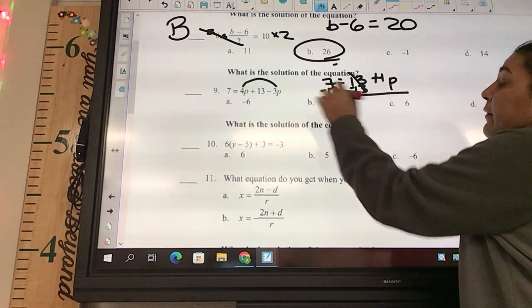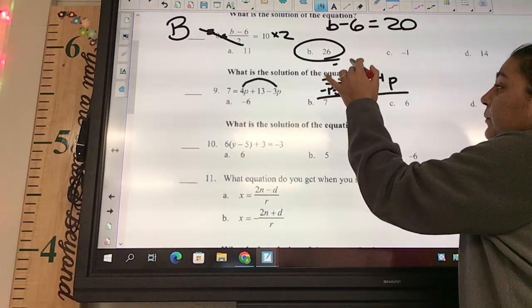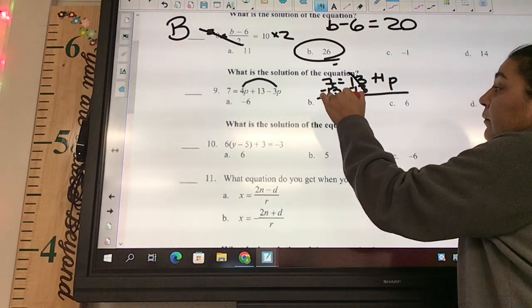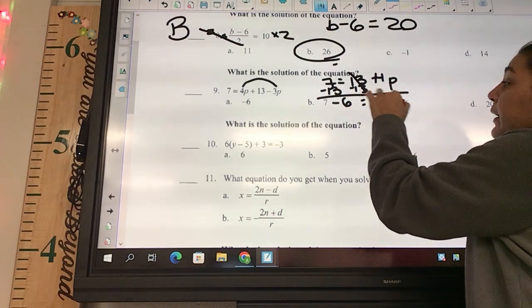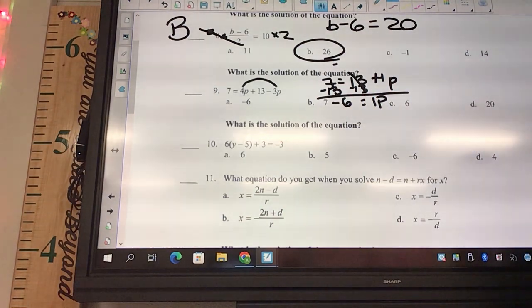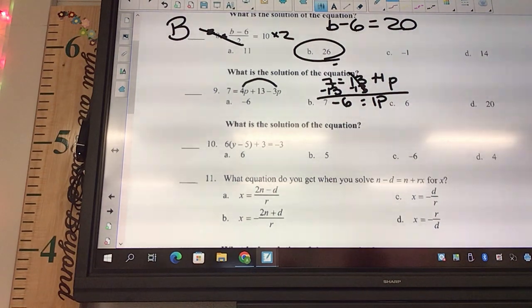What am I gonna get? 7 minus 13? Negative 6. And then I'm gonna get 1p. Okay? We can divide, so what is negative 6 divided by 1? Negative 6.